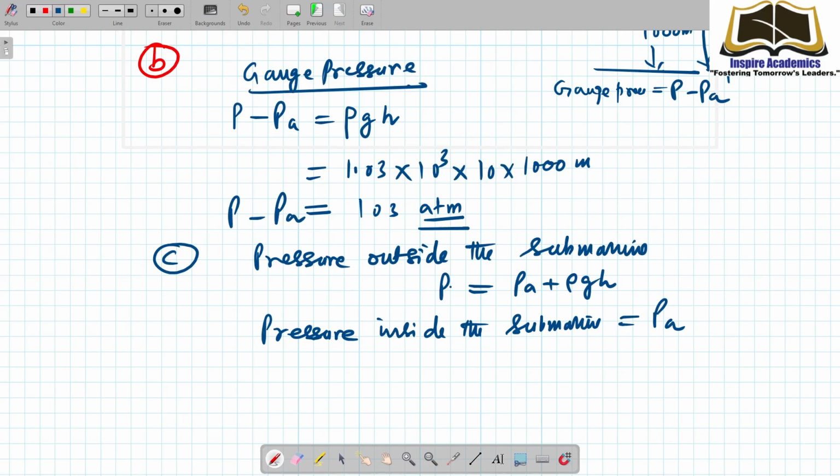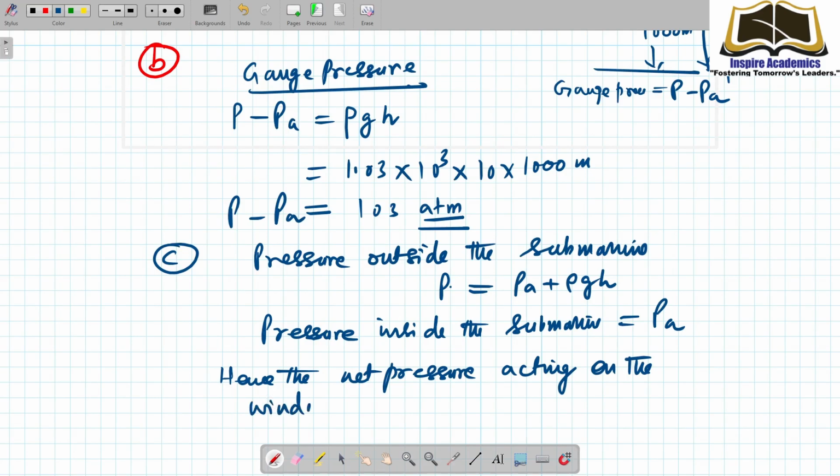So the net pressure acting on the window is the gauge pressure. Hence, the net pressure acting on the window is the net pressure.